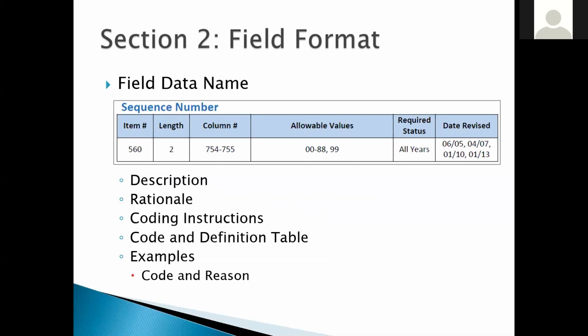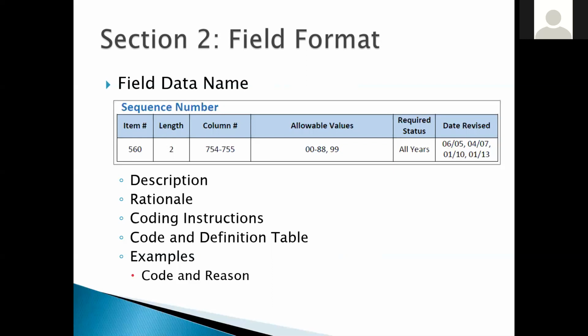This means if you have a malignant case to abstract, the sequence number should be a number from 00 up to 59, or 99. I've never had to assign anything over 10 for a patient, so hopefully you'll never have to assign 99 for a patient. The codes that are valid for each field are listed with the definition for that code.